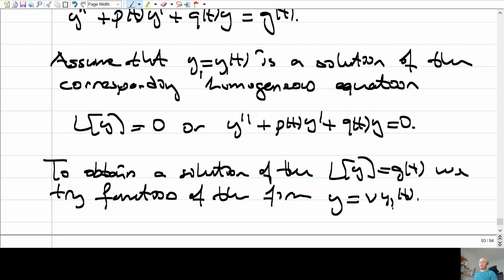Actually, this is kind of the variation of parameter method, right? There we had this fundamental matrix.